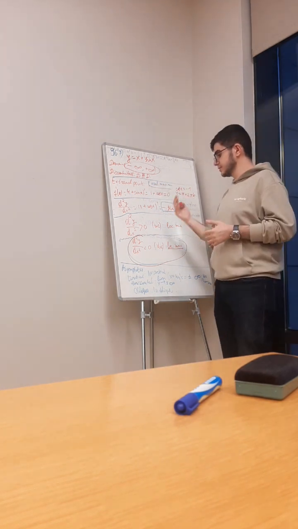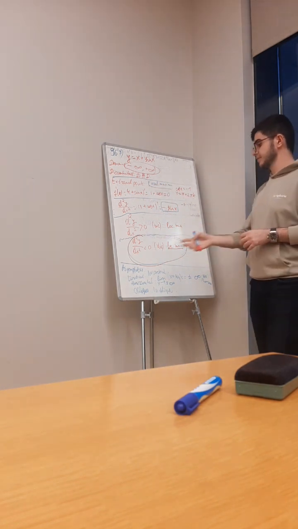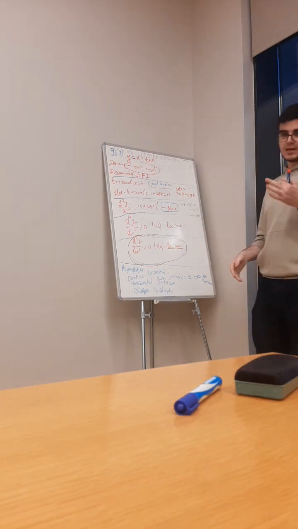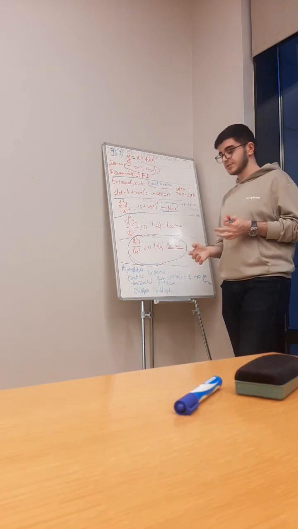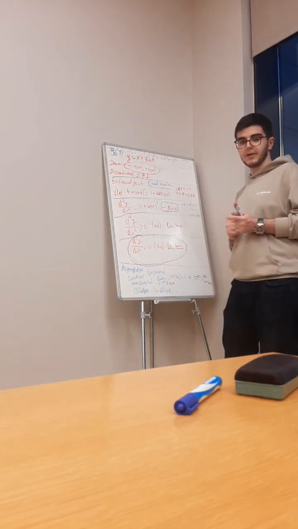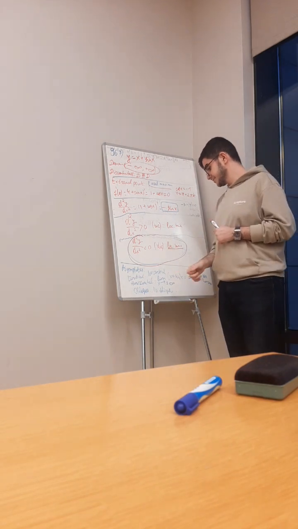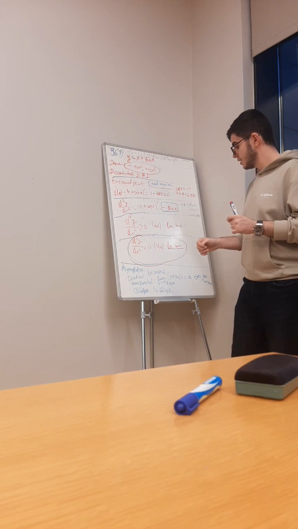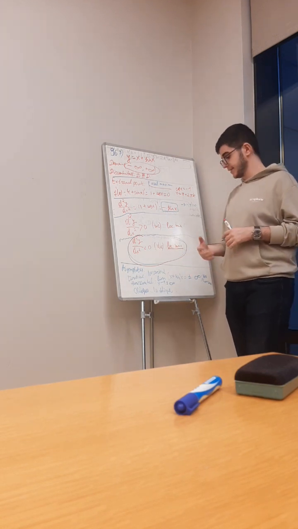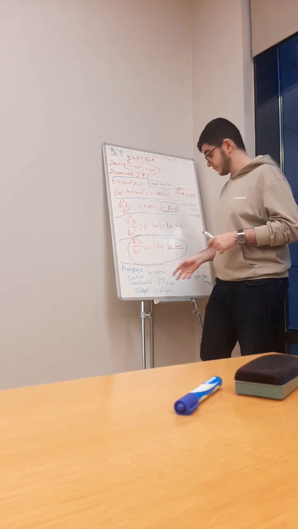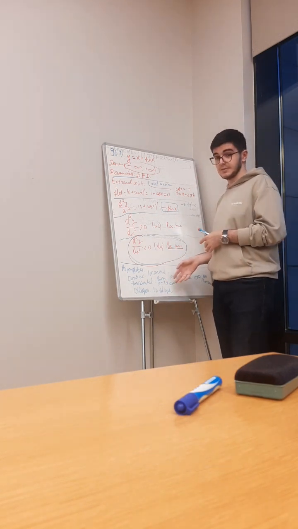So next, we have to find asymptotes. I wrote there that we have 3 kinds of asymptotes: one vertical asymptote, one horizontal, and one oblique asymptote. Let's start with the horizontal asymptote. If we want to find our horizontal asymptote, firstly we have to find this limit.